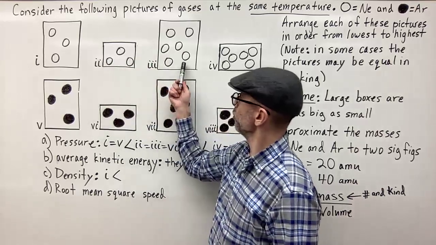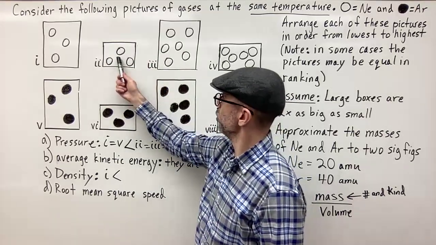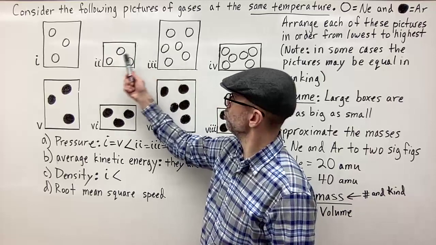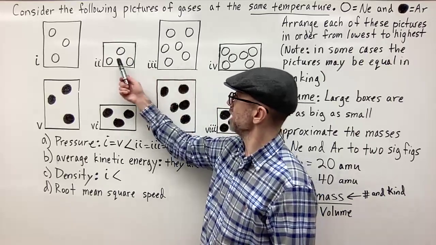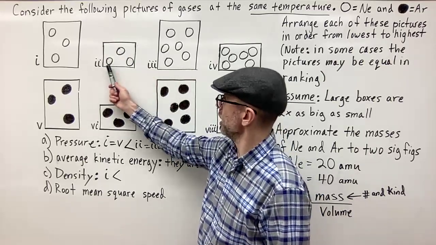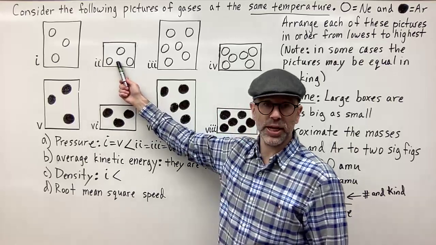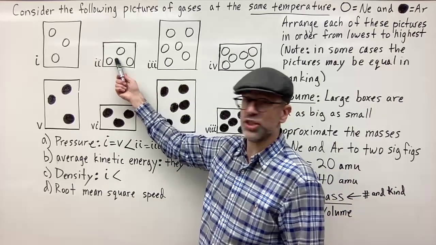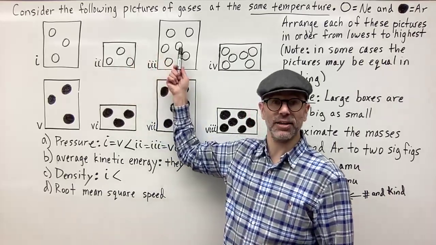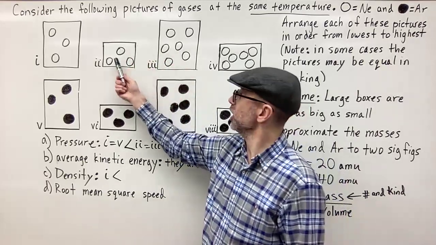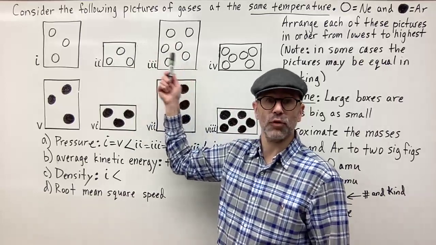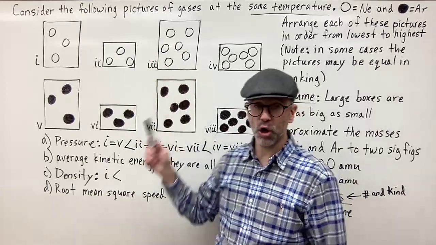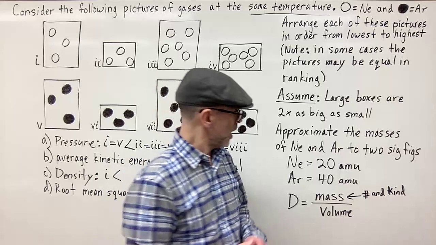And then what about number 3? Notice that number 3 and number 2 have the same type of particles. These are neon. Notice at 3, you're going to double the volume, but you also double the number of particles, the same kind of particles. So if you double the number of particles and you double the volume, they're going to have the same density. How do I know that?